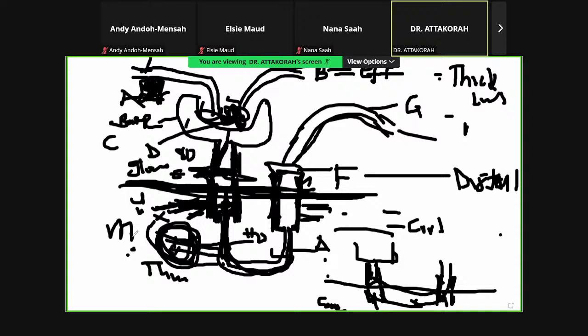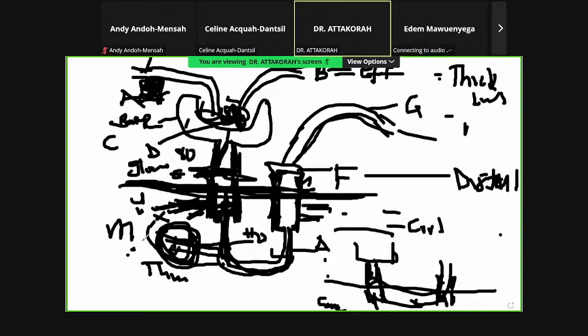If you have problems at the cells, and I said there could be ischemia, because the cells at the medulla are where most of the activity occurs, and because most of the activity occurs over there, the risk of getting ischemia there is high.